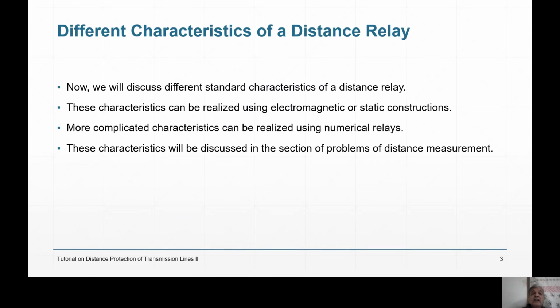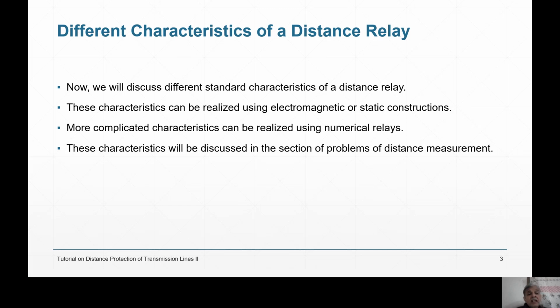The characteristics that can be used are impedance, ohm, reactance, and mho. They are the four standard characteristics usually used. Or I should rightly say the word usually were used. Now the use is becoming less, right?